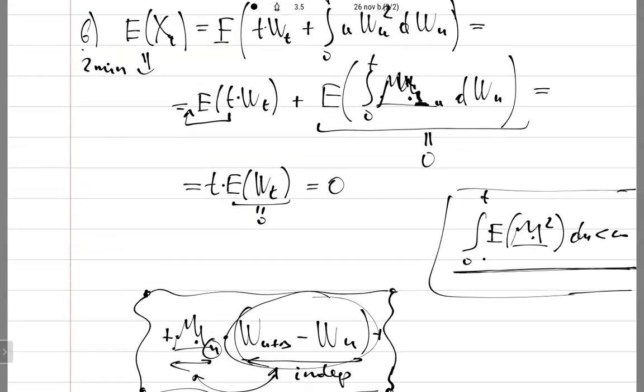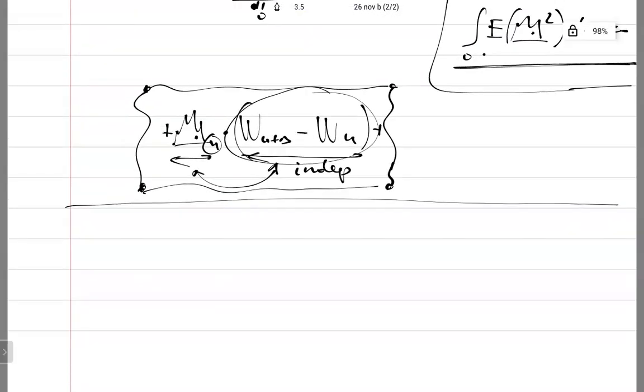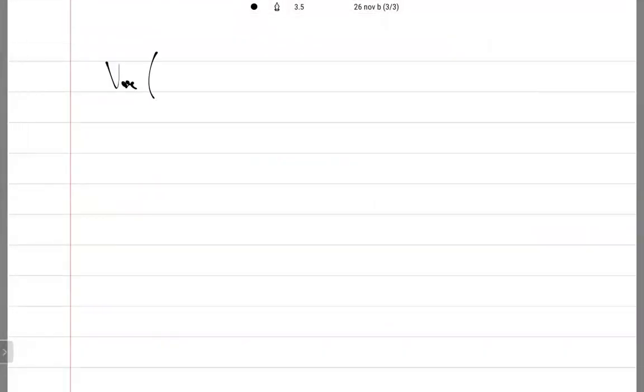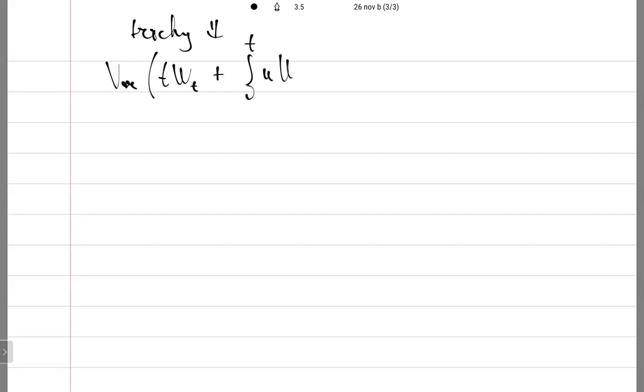So the expected value is 0. With variance, it's a little bit harder. Let's move on to the next page. Variance. This one is a little bit tricky. Variance of, I just plug in my expression, tW_t plus the integral from 0 to t of u W_u squared dW_u.